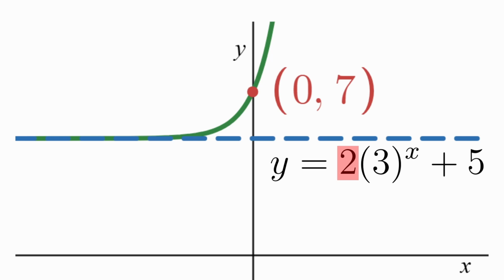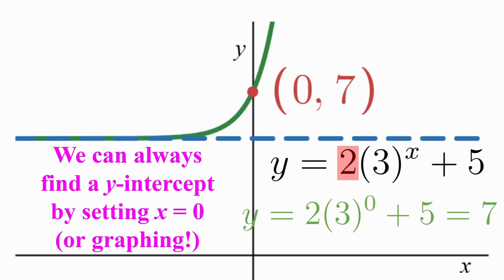When we change the form, sometimes the interpretation of the letters changes. So what you should really do, if you're stuck, is to find any y-intercept, you should set x equal to 0. So 2 times 3 to the 0 plus 5, 2 times 1 plus 5, and we get 7. So please, please, please, if you have any doubt at all, just graph it or set x equals 0 to find a y-intercept. Don't just do this in your head.